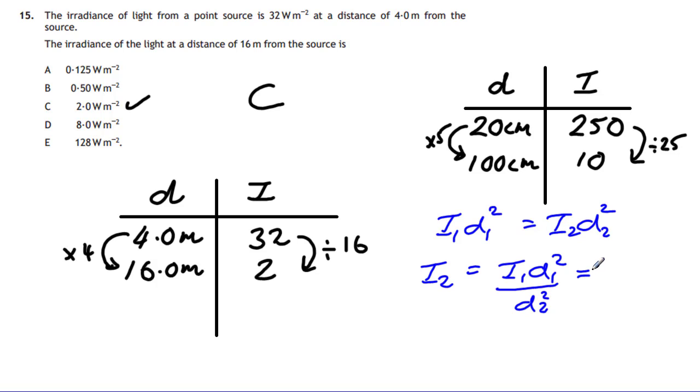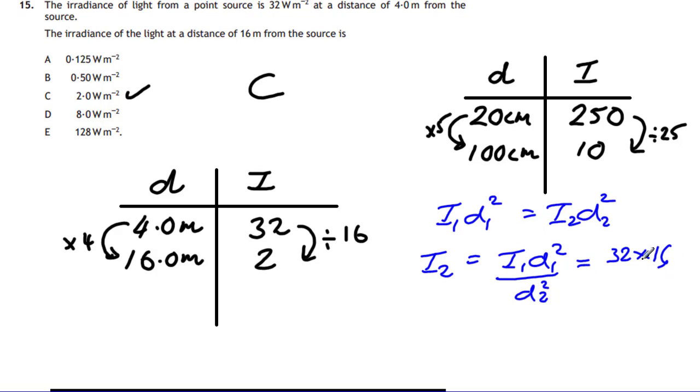So the first irradiance would be 32, multiplied by the first distance squared, which is 16, and then we would divide that by d2 squared, so 16 squared. So we can see that the answer is still going to give you 2.